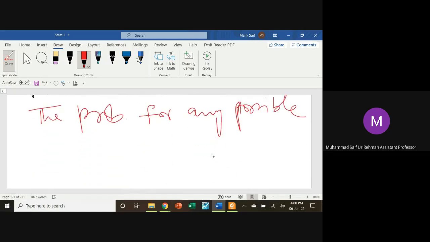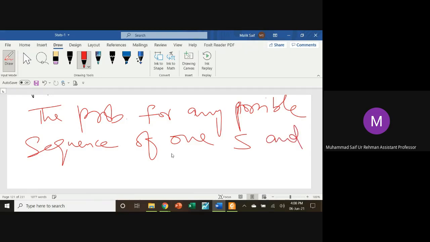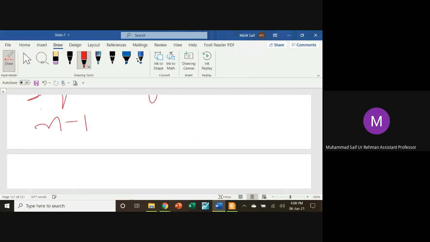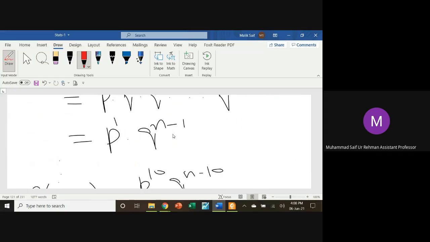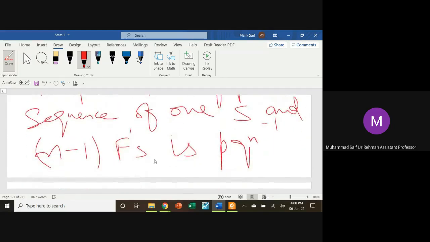So the probability of any possible sequence of one success, one S, and n minus 1 failures is p q power n minus 1, that we have just written over here, p power 1 q power n minus 1. So one success and n minus 1 failures.